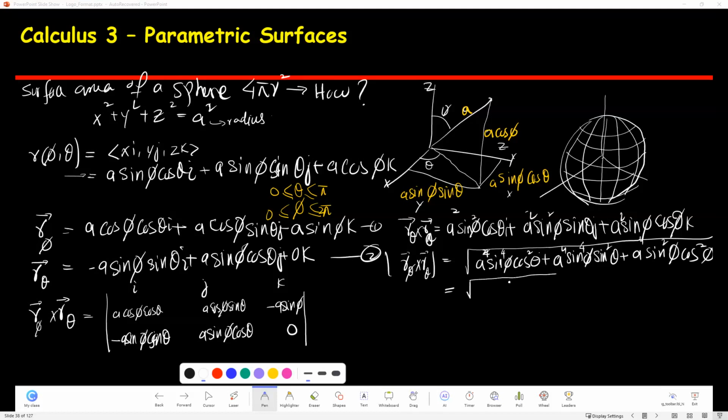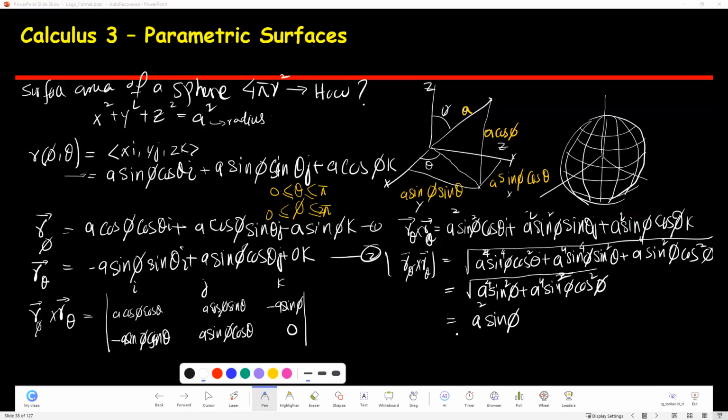It's going to be simplified, so it's going to be A to the 4th. Now again take the common, it is going to be A square sine phi.